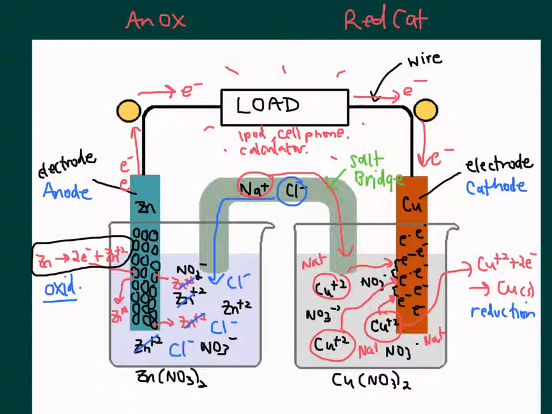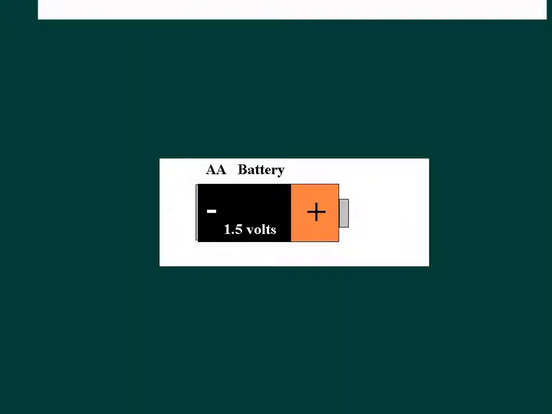You should also know that the anode is the negative end of a battery, and the cathode is the positive end. So if you ever look at a battery, so let's get a picture of a battery here. On batteries, you'll notice there's a negative end and a positive end. Like it's actually marked negative and positive.